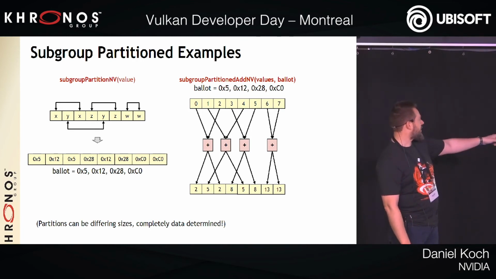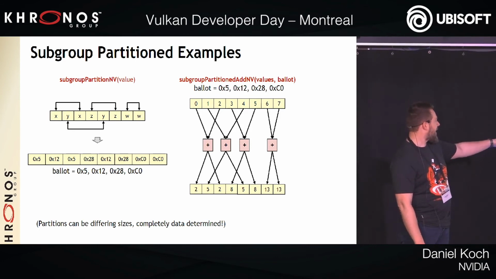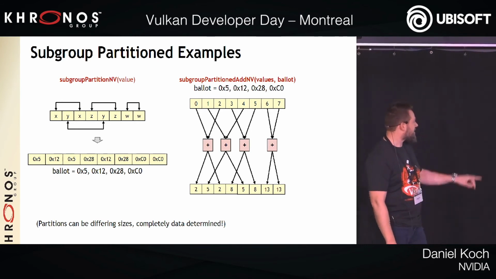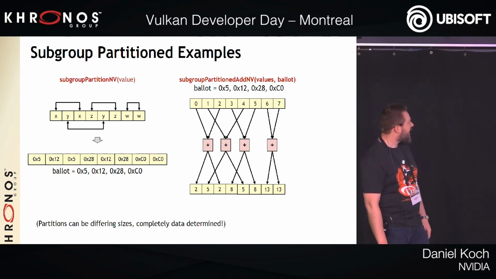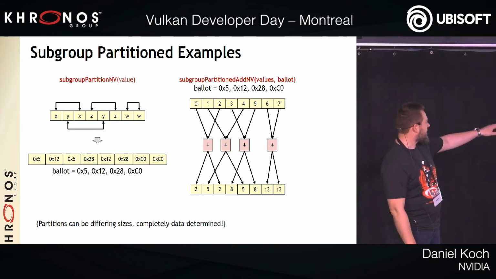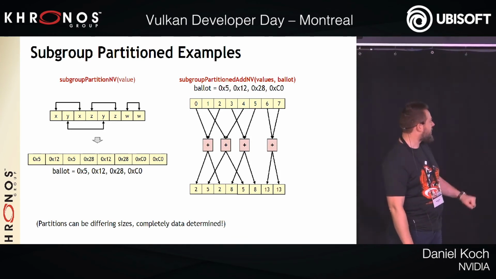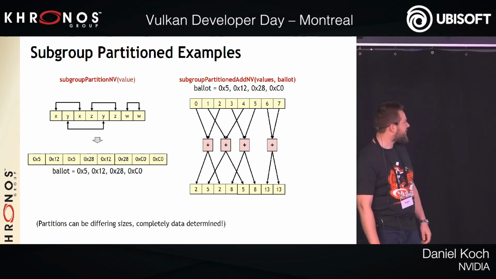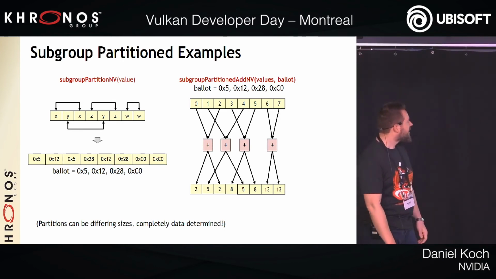And so the ballots that will be returned from this are going to be, in hex, 5, 12, 28, and C0, based on the grouping there. And if you do a subgroup partitioned add, and then you pass in the result of the ballot call from that operation, those are going to be the pairs of invocations that operate in that calculation.